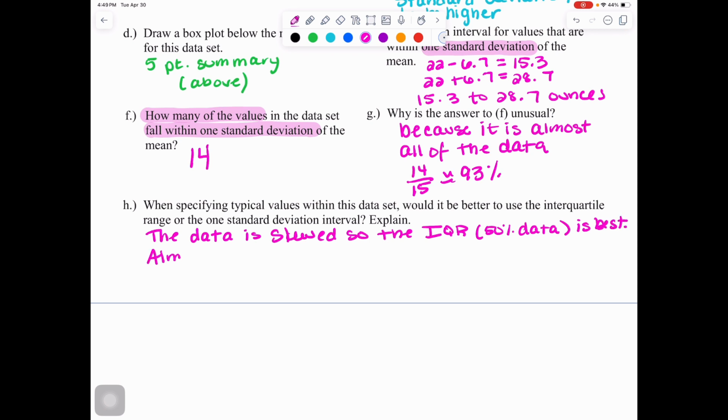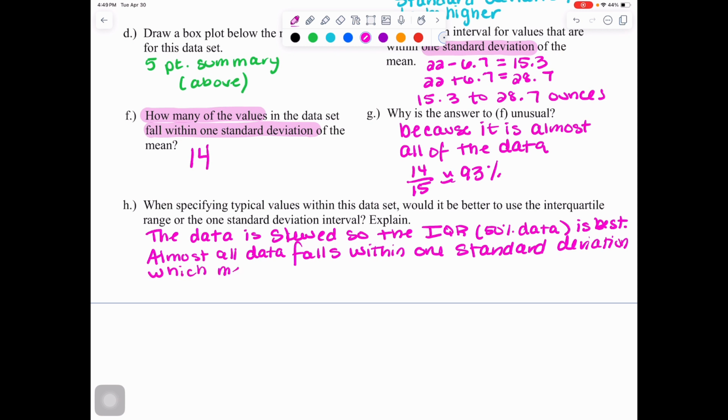Almost all data falls within 1 standard deviation, which means every piece of data is typical.